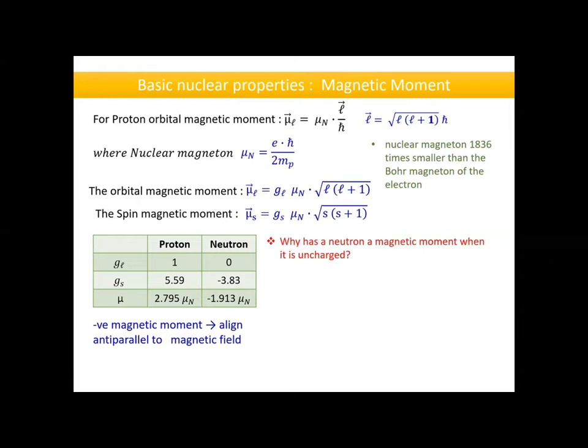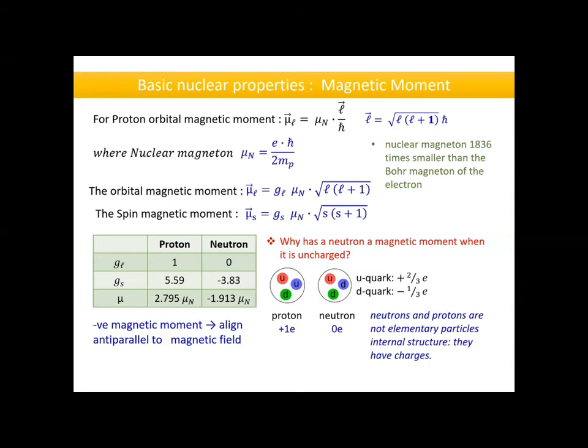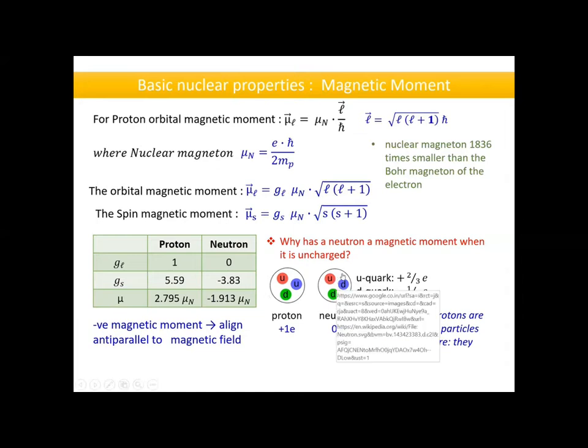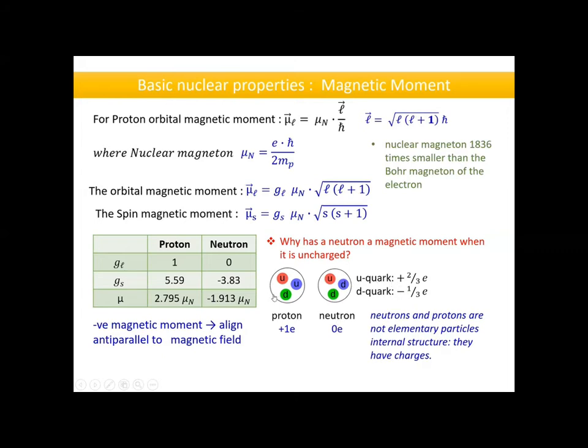Why is it so? The reason is that neutron and proton are not fundamental particles. That means they are combinations of quarks which carry charge as shown here. Therefore, the neutron has a non-zero magnetic moment, and the negative magnetic moment indicates that it has a tendency to align antiparallel to the magnetic field.